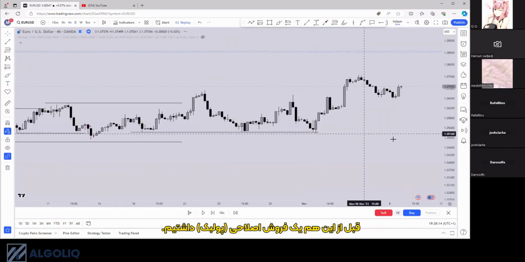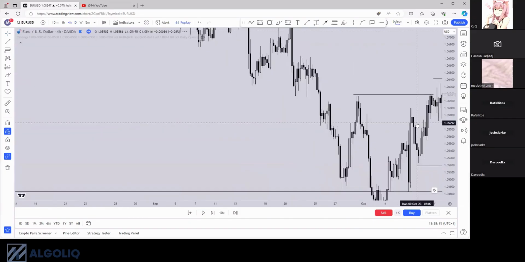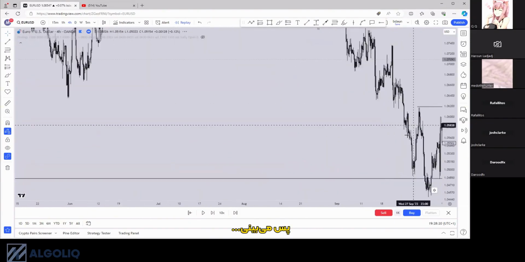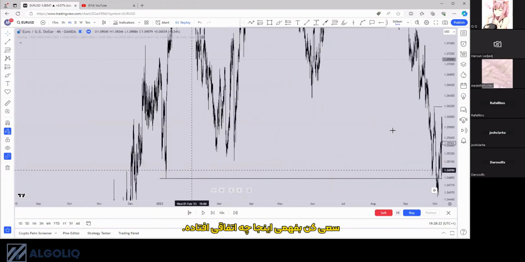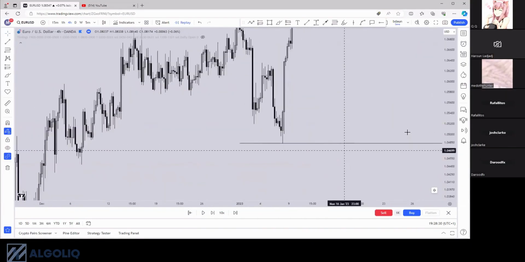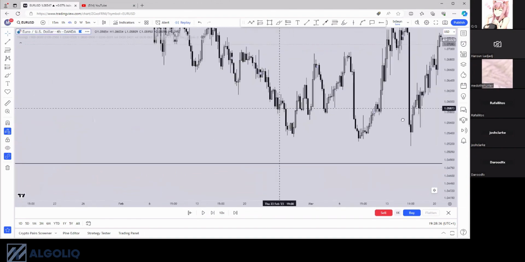One, two cases. Before this, you have a pullback sell as well. So you see, try to find out what happened here. Yeah.